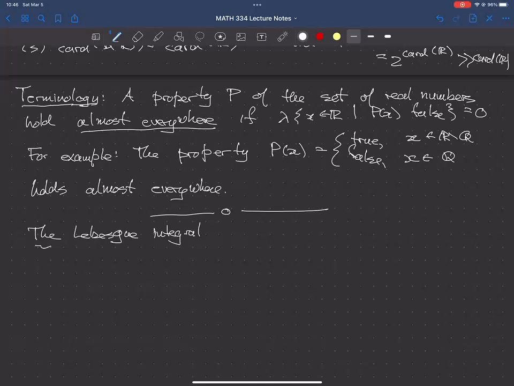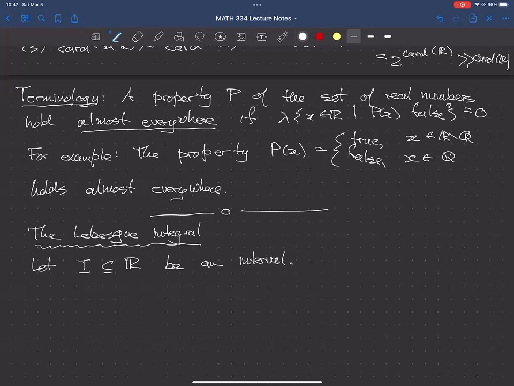We're going to talk about the Lebesgue integral over I, an interval I. So it's already going to be a little bit different from how we did things with the Riemann integral, where we started with defining Riemann integrability for bounded functions on compact intervals. So we do things a little bit differently.